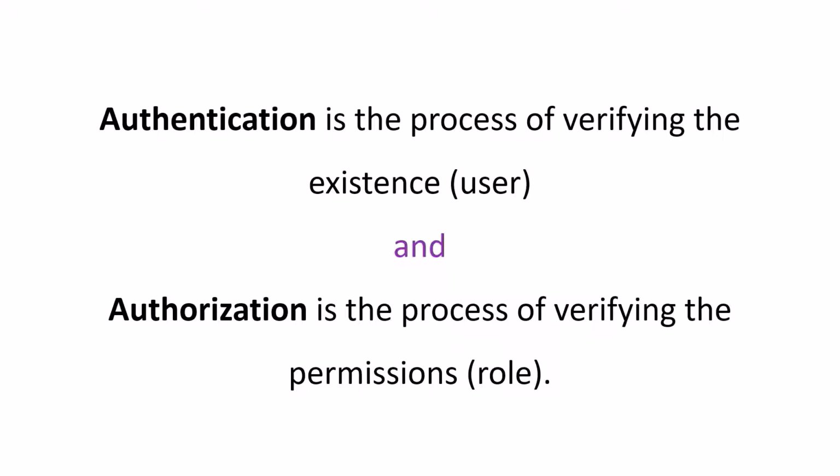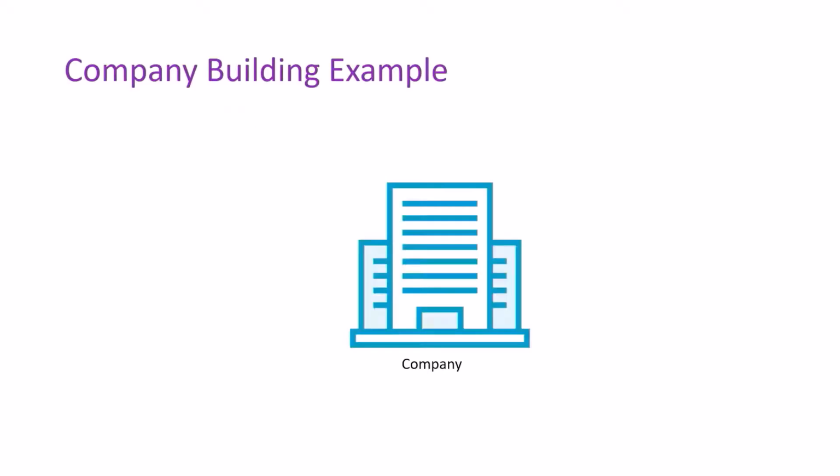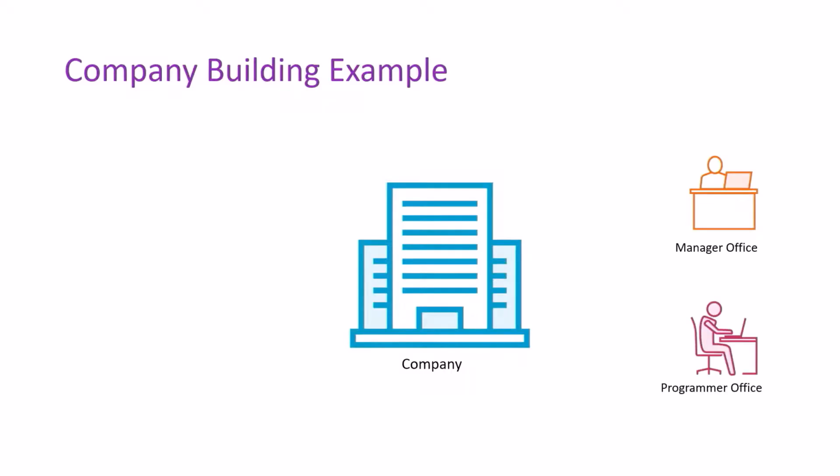But to understand this better, let us talk about a real-world example. Let us think of a company building. Within this building, you can have different offices, like for example the manager office, the programmer office, etc. And in this company, you have different employees, or let us say different users.